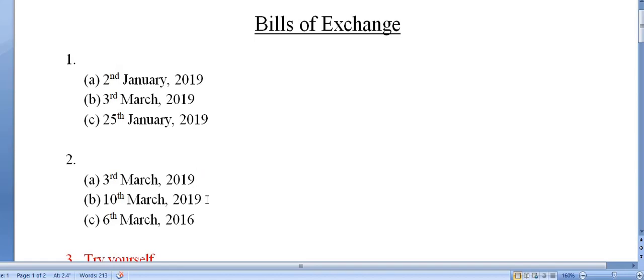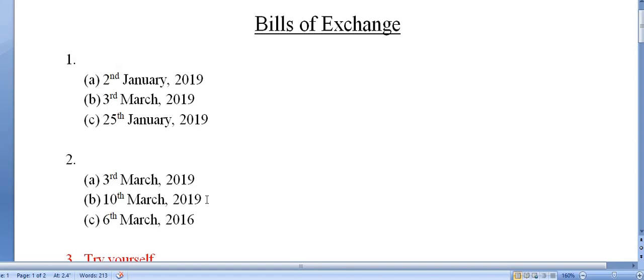Now a bill payable 3 months after sight is drawn on 20th November 2018 and accepted on 7th of December 2018. Now this is after sight, so you will start counting from 7th.